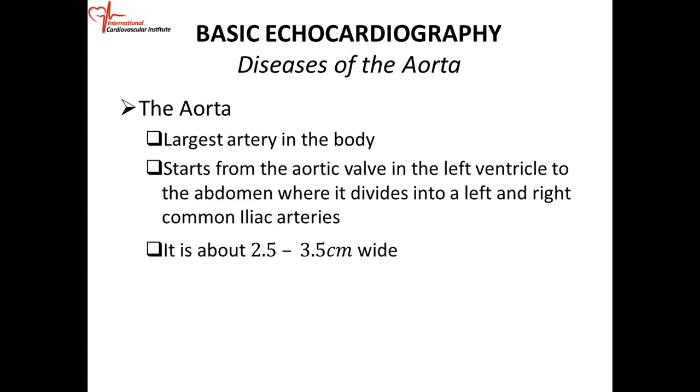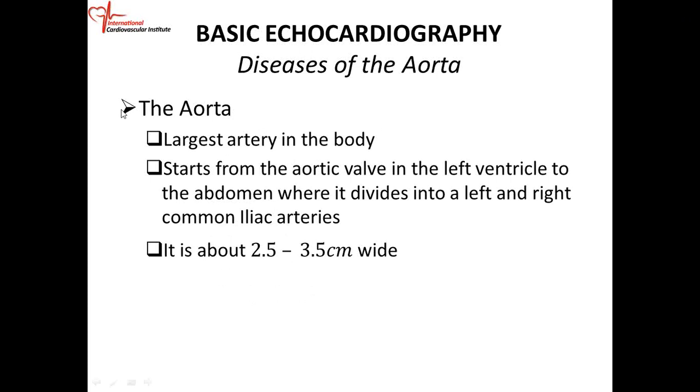Okay, the sinus of Valsalva are right there. Then you have the sinotubular junction. You have the ascending aorta. You have the aortic arch, the descending aorta. That's the descending thoracic aorta. Then you have the abdominal aorta, and then the aorta divides into right and left common iliac arteries.